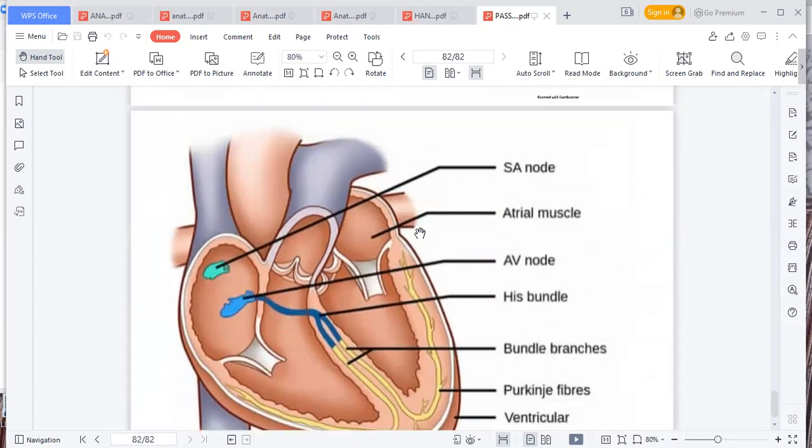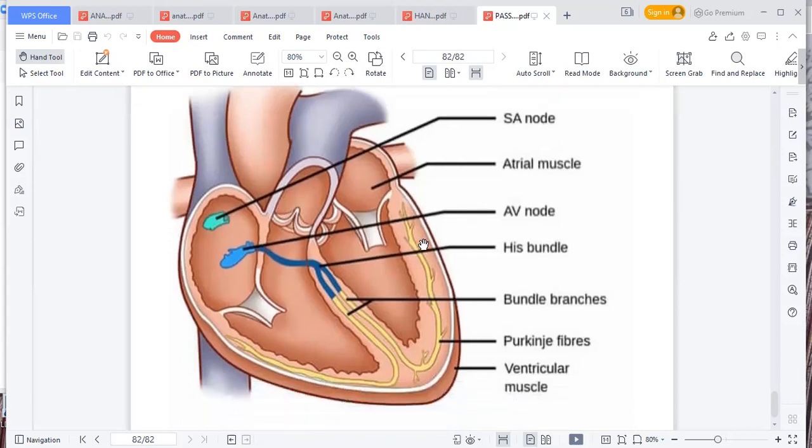In the conducting system of the heart, what is happening is that there is electricity happening. This electrical activity is the one that triggers the contraction of that mass that we have, the myocardium. So for the myocardium to contract, you need this conducting system to be activated.